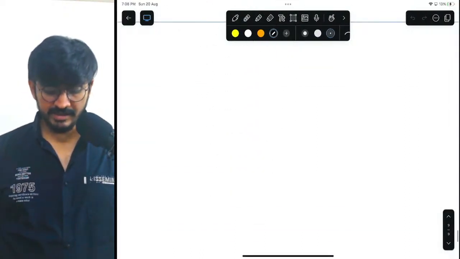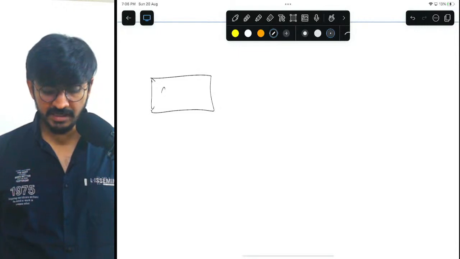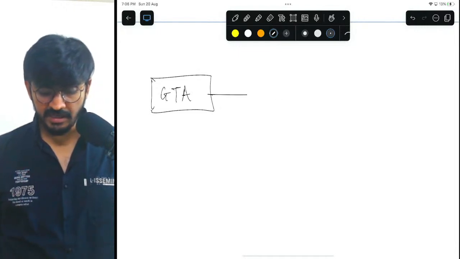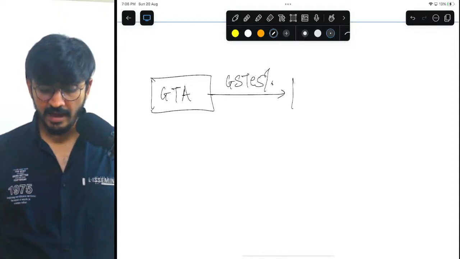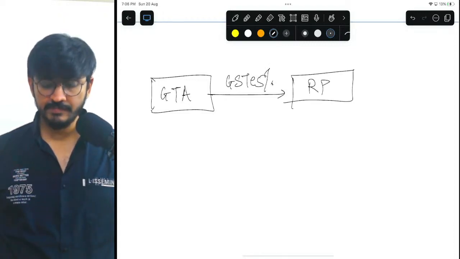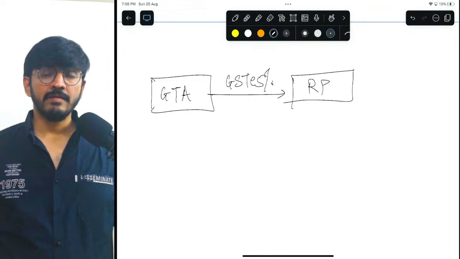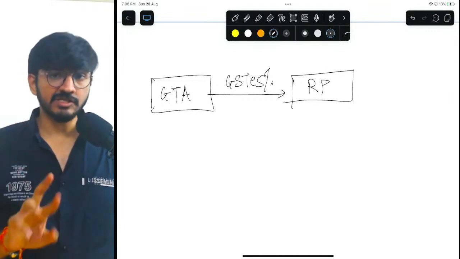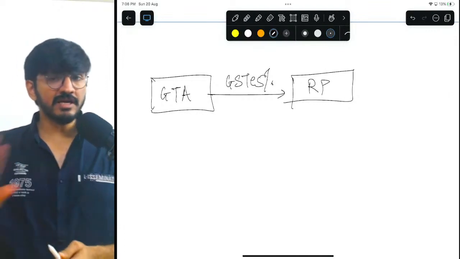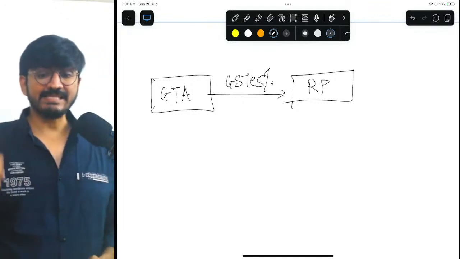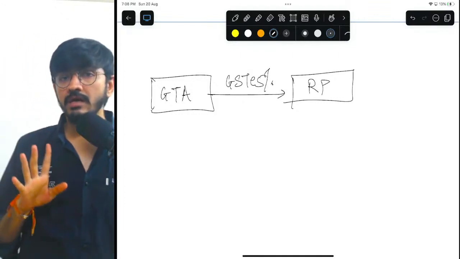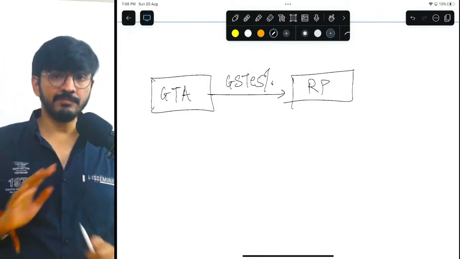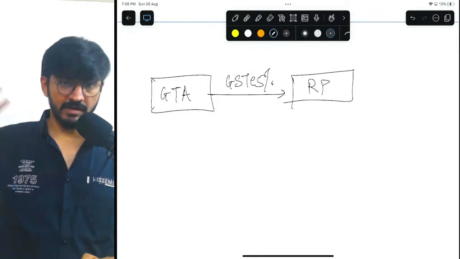Guys, understand. For example, if we just appreciate the fact that we recently did GTA service where let's say GST is at the rate of 5% and let's say the recipient is a registered person, right? What did we conclude? Who will pay tax? The registered person. Because he is already registered, he can handle this compliance. Except for one person. And who is that? Very simple. It is the TDS deductor.